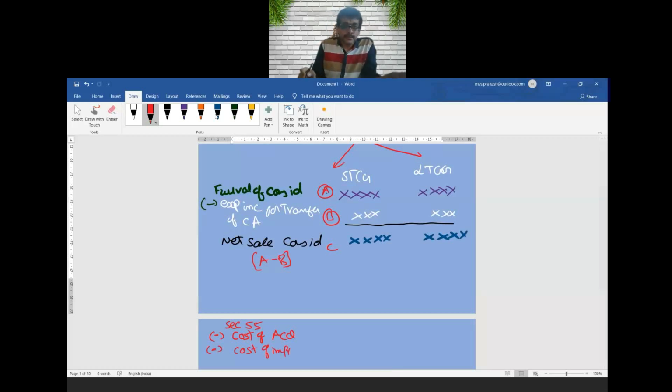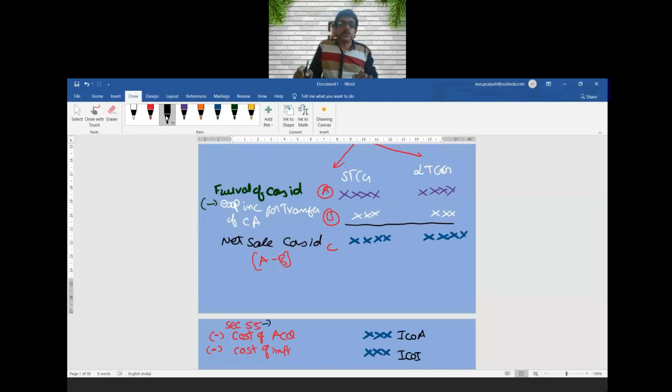Here it changes. If it is a long term capital gain, I need to find the indexed cost of acquisition and the indexed cost of improvement. When to calculate indexation and when not to, we will discuss going forward when we take up section 55.